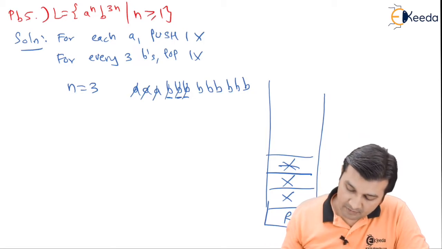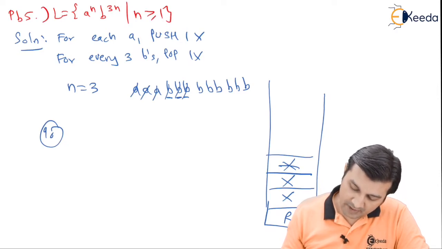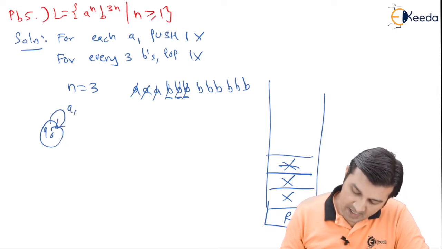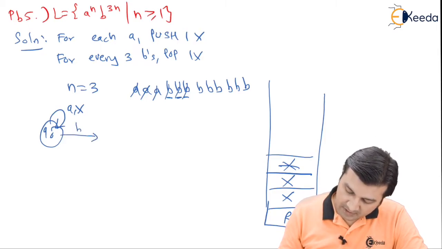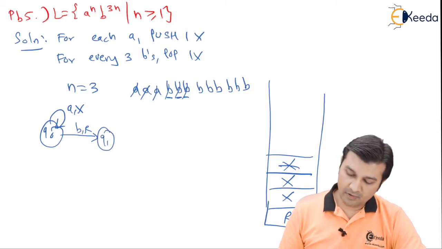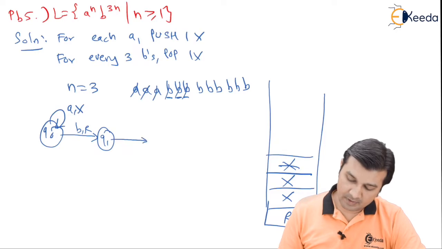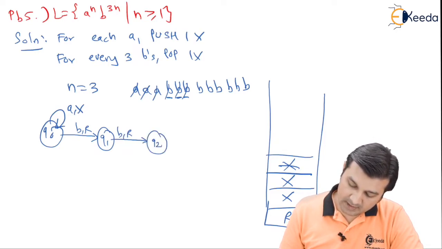So we have my state maybe Q0 where I receive a and I keep on pushing x. Then for the first time when I get a b, I say do not touch the stack and change the state. Then for the next time when I get a b, I say do not touch the stack and go to the next state.